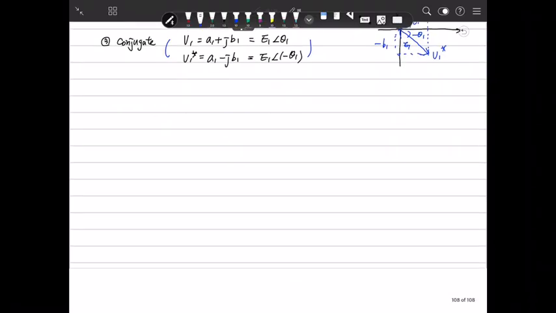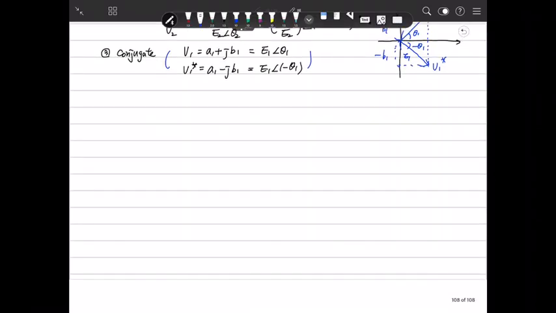So we can do this with a simple example here. For example, V1 is minus 1.796 plus j3.852, and can be expressed in the polar form as 4.25 at 105 degrees.